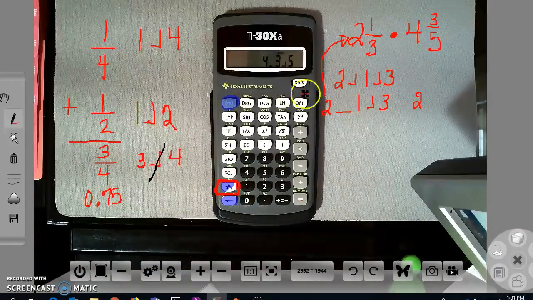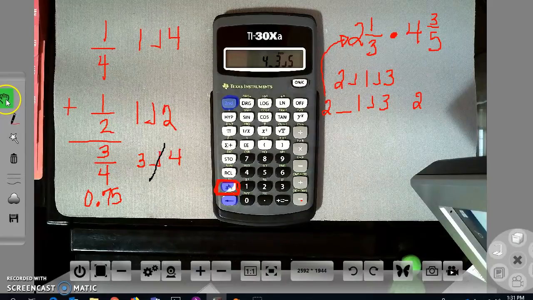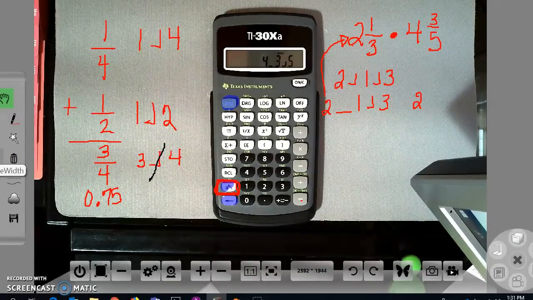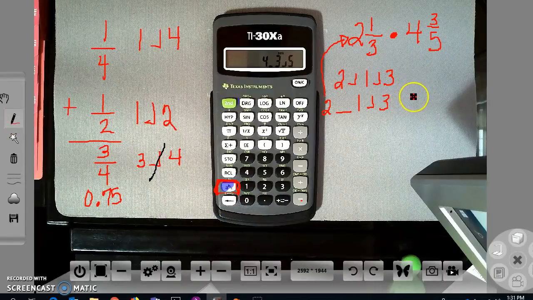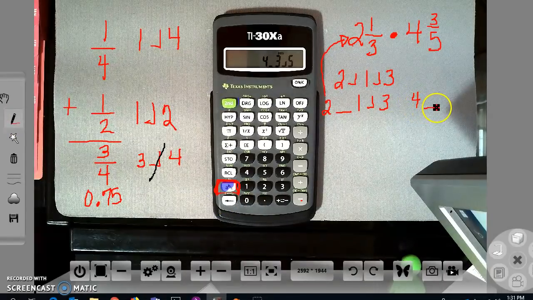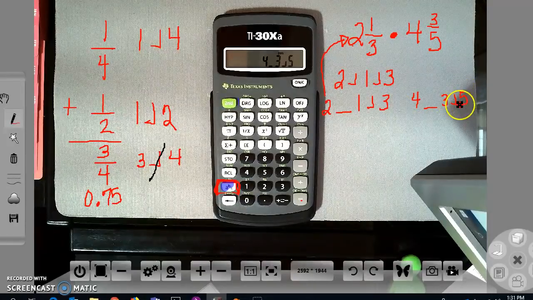It should look like 4, line, because that's the whole number, 3, backwards L, 5.